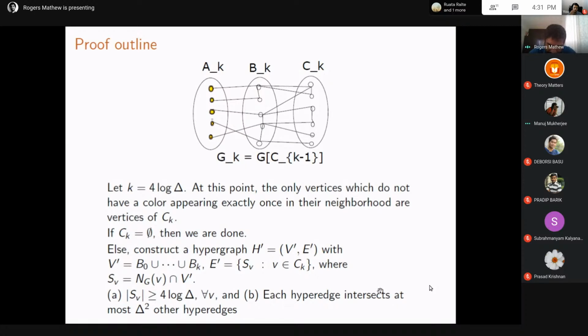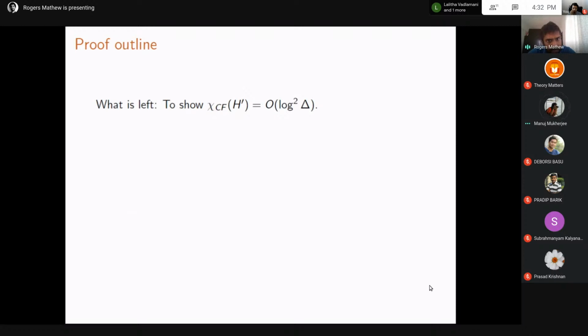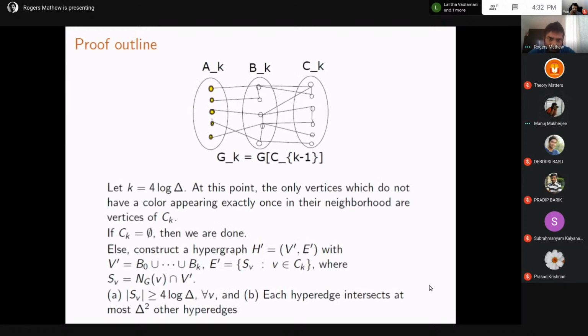This property at the bottom uses the fact that the maximum degree of this graph is delta, because in no other part you actually use that so far. Yeah, I think the rest of the proof doesn't require it. Yes, this is the part where the maximum degree is coming. Yes, I think you're right.